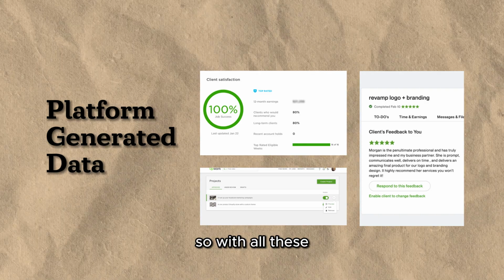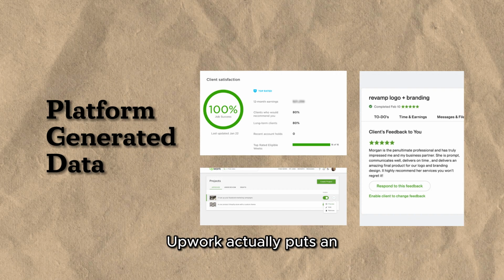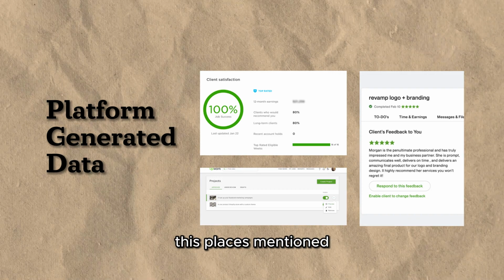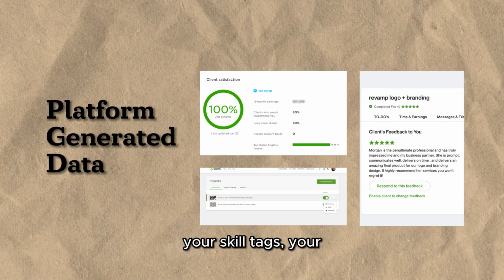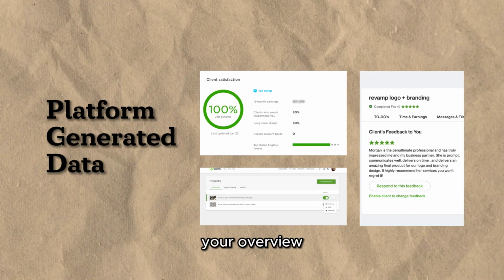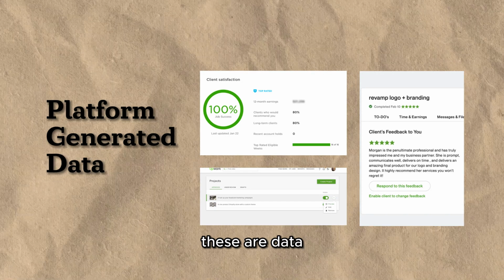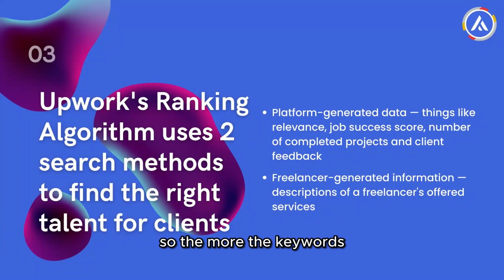With all this put together, Upwork puts an algorithm around these places, including your job tags, your skill tags, your overview, and the keywords. These are data. So the more keywords you have inside your profile, the more the algorithm will throw you up in search results. That's one of the things.